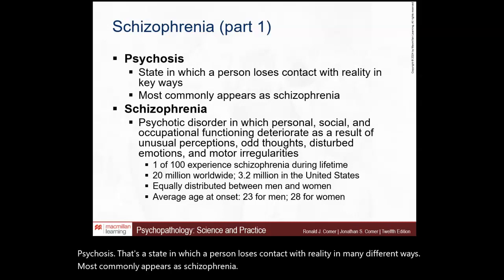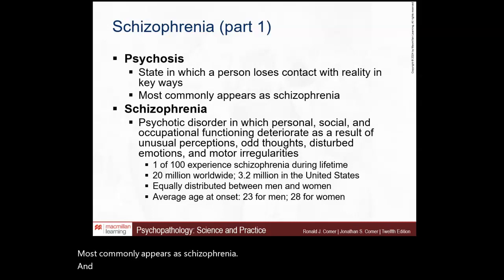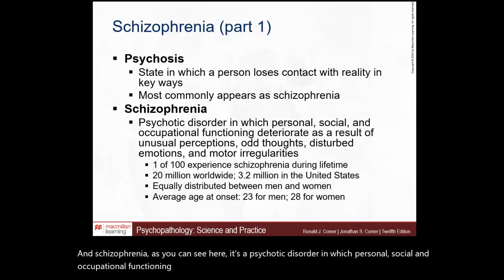And schizophrenia, as you can see here, it's a psychotic disorder in which personal, social, and occupational functioning deteriorates as a result of unusual perceptions, odd thoughts, disturbed emotions, and motor irregularities.